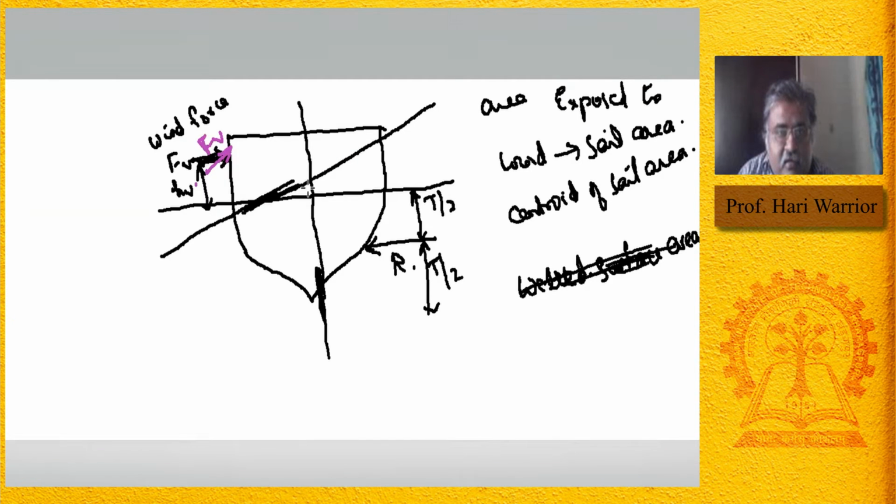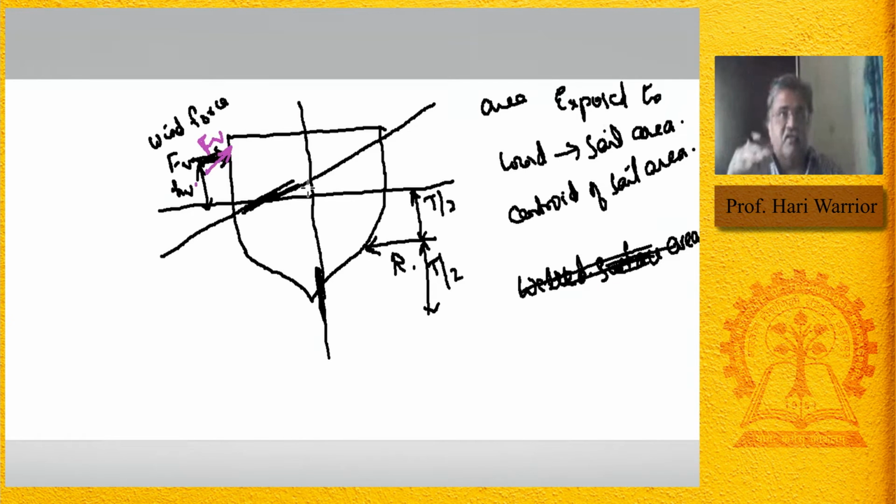So where is the centroid of the sail area? Any area can have a centroid, right? Consider a simple example, a blackboard where wind is blowing very hard, and the wind magnitude is different at different points on the board.